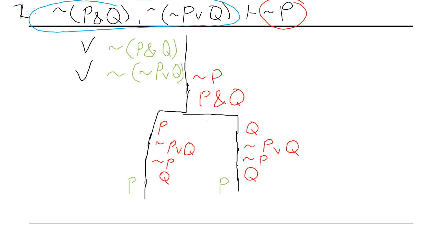Now the last thing we need to do is break down our conclusion. Break down our conclusion, which our conclusion is just a tilde P. So, to break that down, we just need to flip it across.